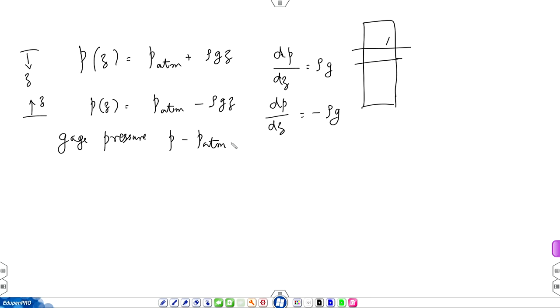This is advantageous because if you think of the same beaker problem and you want to find the force acting on one of the walls, the wall is exposed to atmosphere on one side and liquid pressure on the other side, but liquid pressure has a P atmospheric in it. These two you can quickly show will cancel off, which means you can set P atmospheric equal to 0 for the purpose of calculating the force acting on a surface.